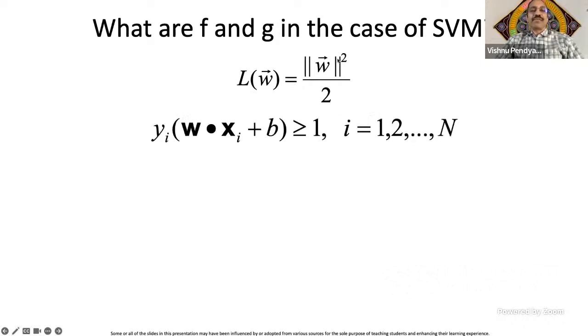Not exactly the margin, but the square of the denominator, right? So that is f. f is basically the squared norm divided by 2, and g is basically this inequality. So we combine y and x into one single inequality, and then we get this inequality.